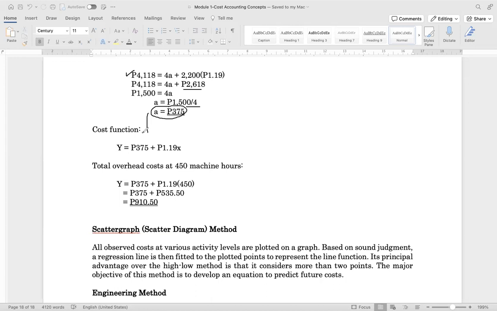So the cost function for total cost is y equals 375 plus 1.19x, the same as with the highest cost and lowest cost, high-low method. Now, the total overhead cost at 450 machine hours, applying the formula, just multiply 450 by 1.19 plus 375. The total cost now is 910.50. So that is for least squares regression.